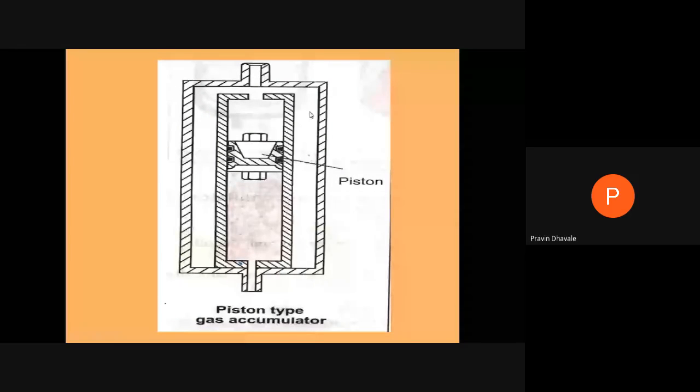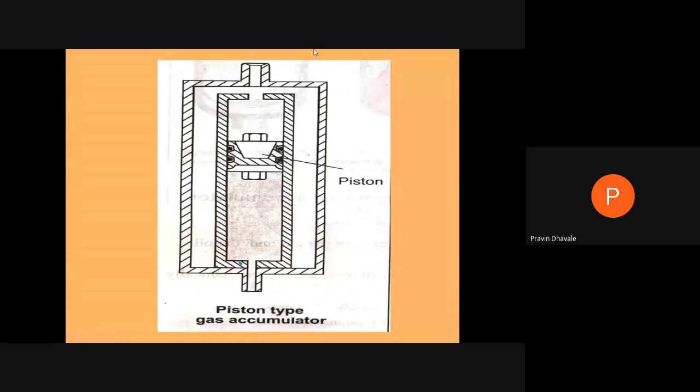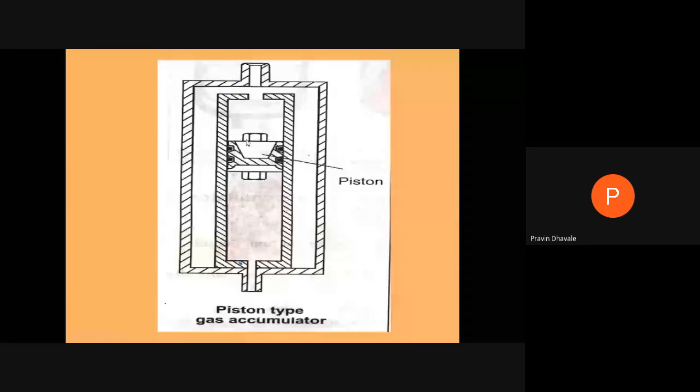And from the top side of the piston, we are supplying the gas, right? Pressurized gas. It will occupy the outer peripheral surface of this cylinder. Then it will fill the inner space of this inner cylinder on the upper side of this piston. What happens when we are supplying the fluid from the pump to this accumulator?